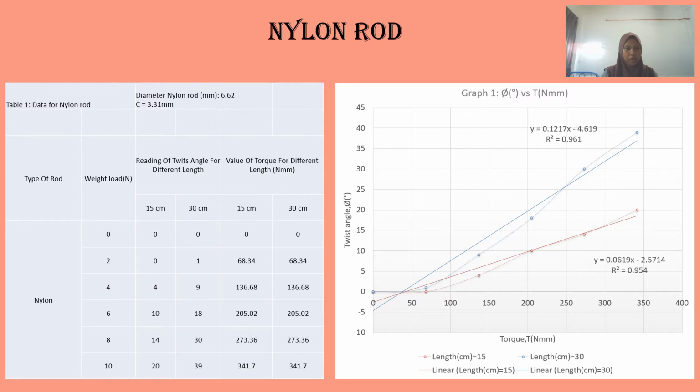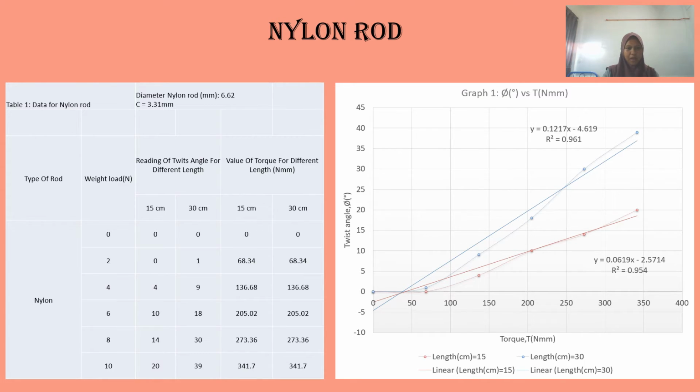For the nylon rod, we use the weight load in Newton, which is 0, 2, 4, 6, 8, and 10 Newton. From the weight, we read the twist angle for different lengths. We have two different lengths, which are 50 centimeter and 30 centimeter.